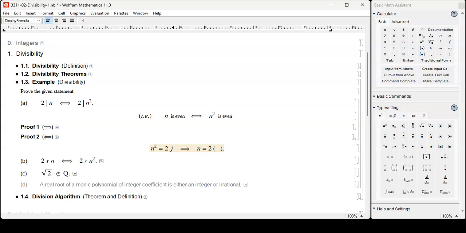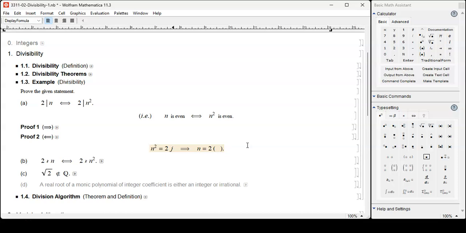How do I do that? Looks pretty challenging, and I cannot take the square root. Square root of 2 is not even a rational number, let alone an integer, so we can't do that. Any idea? Somehow you work it out as n equal to 2 times some integer.